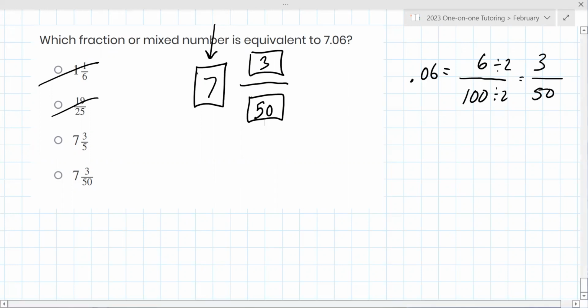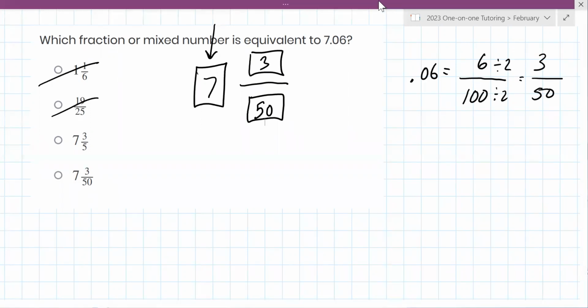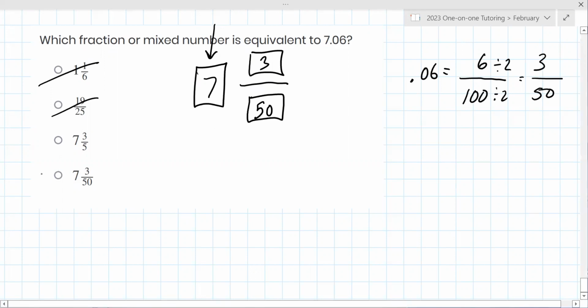So which is the correct answer? A, B, C, or D? C, I mean, D. Yeah, it's the last one there, Michael, letter D.